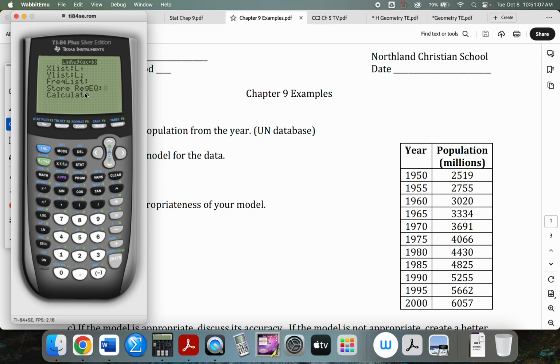And right here where it says store, that's regression equation. What you can do is if you'll type alpha trace, you can tell it to store it in Y1. Then you don't have to copy all those nasty decimals over. Okay? So that's, I think, pretty helpful.